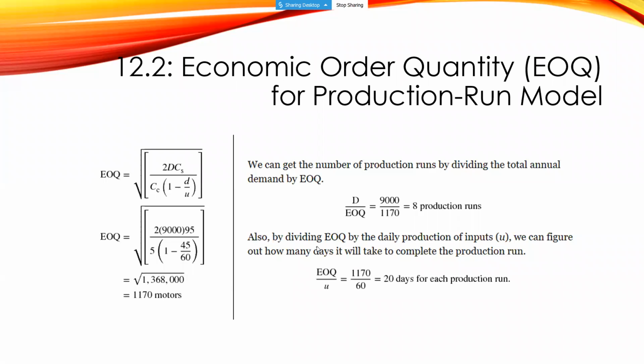Okay, I'm lost here. 45 is actually our daily demand. Daily demand is calculated as 9,000 units divided by 200 days of production. That's where our 45 comes from. And 60 is our U, which is the daily production.